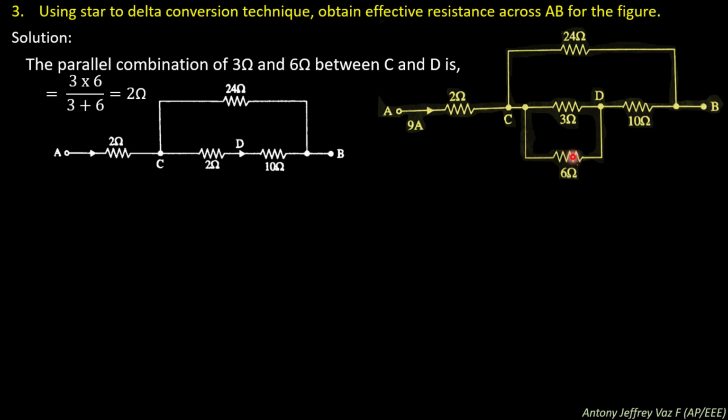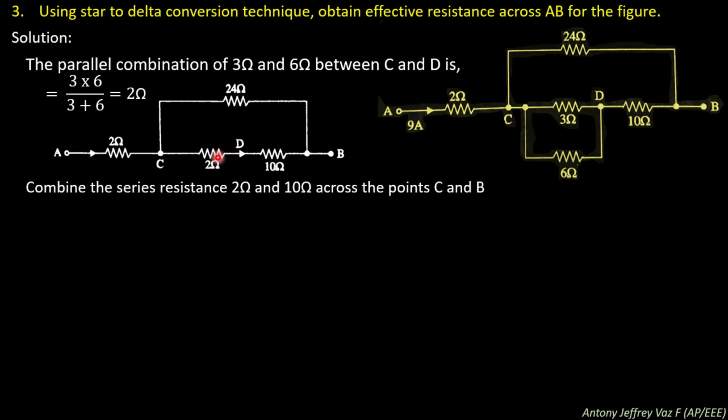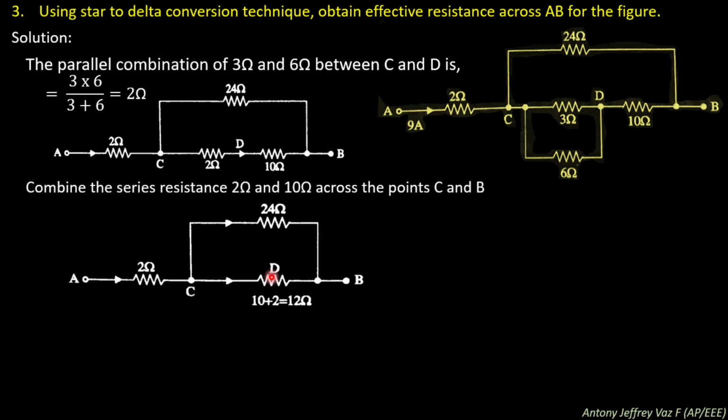Next, the 10 ohm is the same and the other 24 ohm is the same. Next, you can see these two resistors are in series, so you can directly sum up these two resistors, which is nothing but 12 ohms.